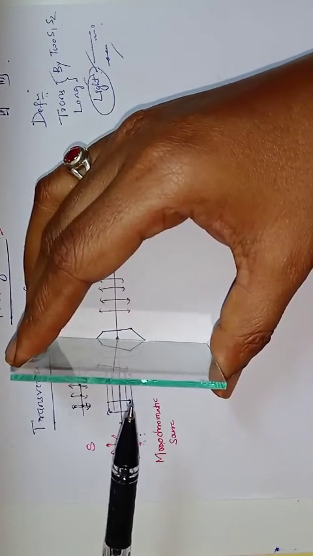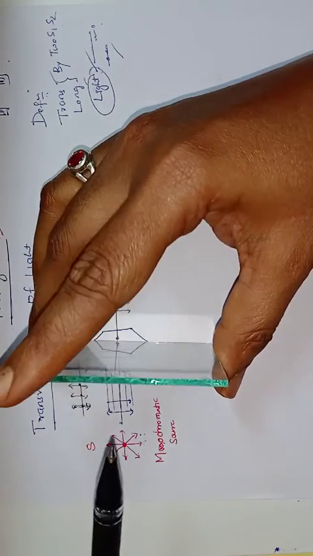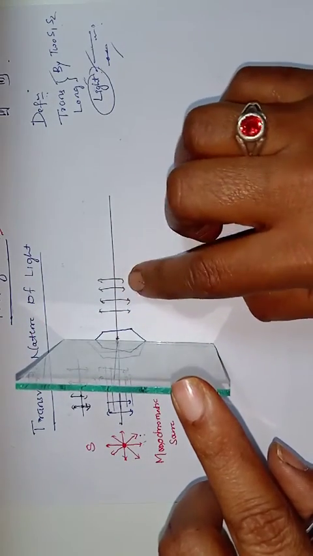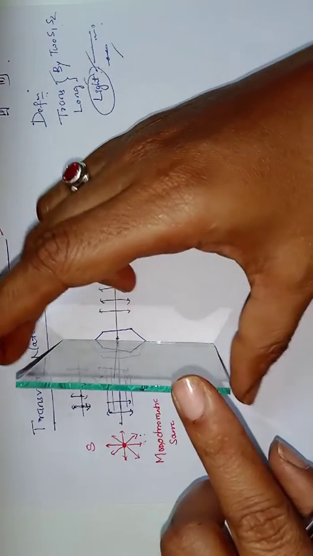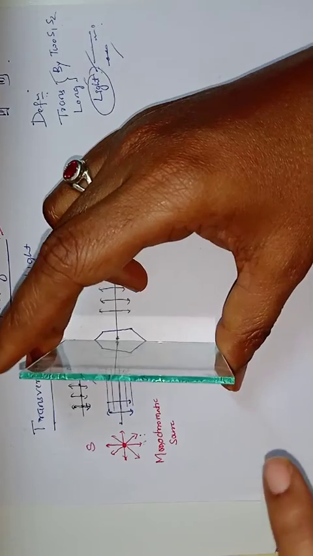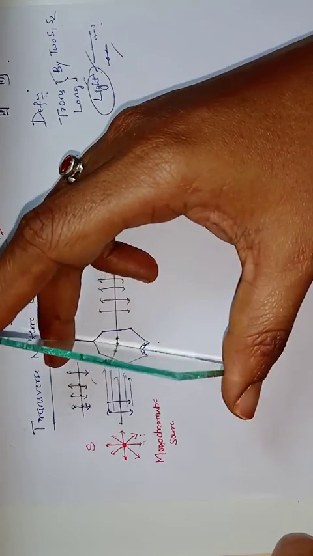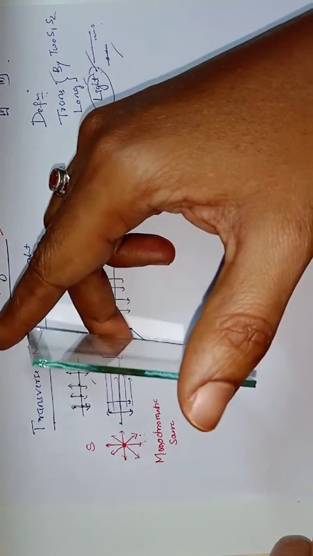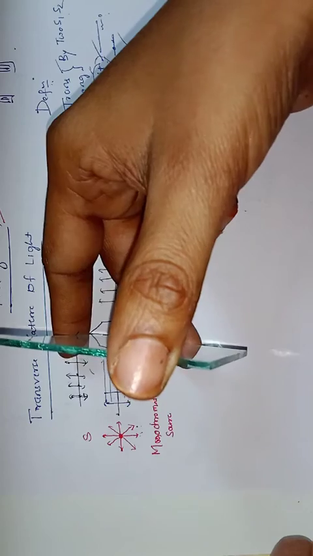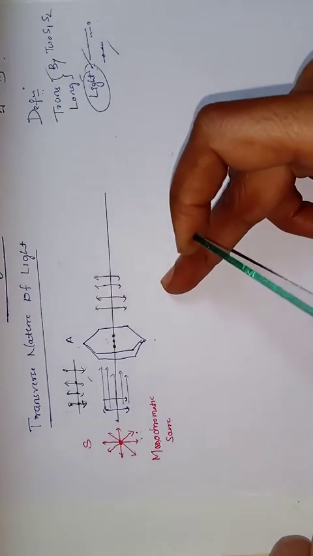When it passes through the tourmaline crystal, it passes only the plane vibrations and absorbs the perpendicular vibration. If I rotate this tourmaline crystal, there is no change in intensity.